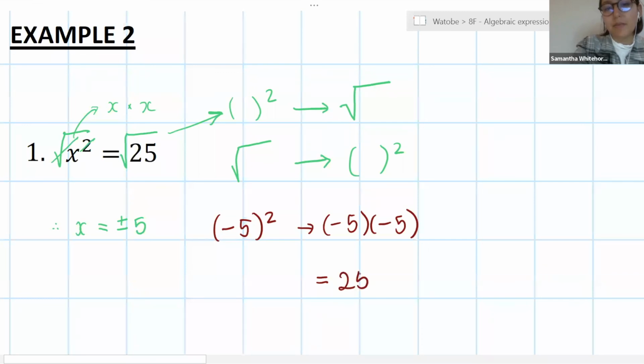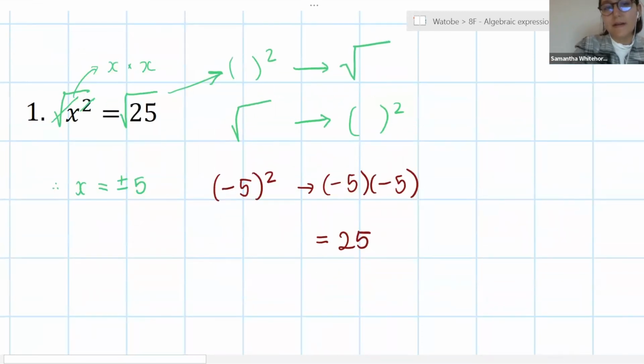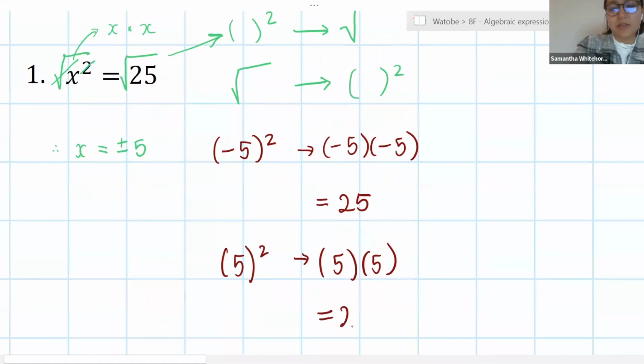So this gives me positive 25. If I said positive 5 squared, this would give me 5 times 5. And that also gives me 25. And so when we square root something, we want to have that plus minus in front because it shows me that I could either be squaring a positive or I could be squaring a negative.